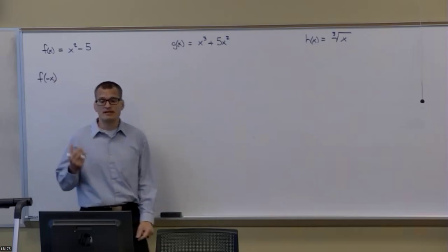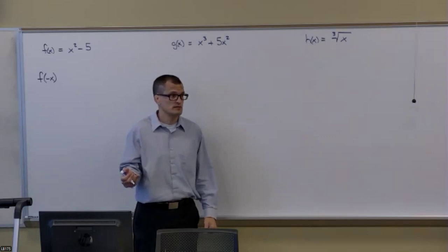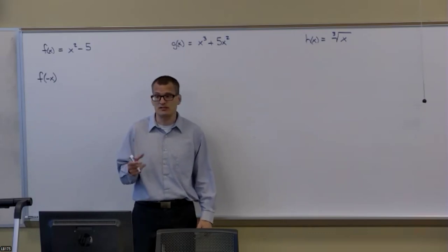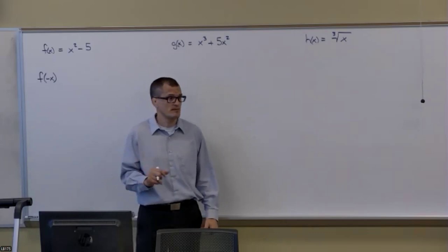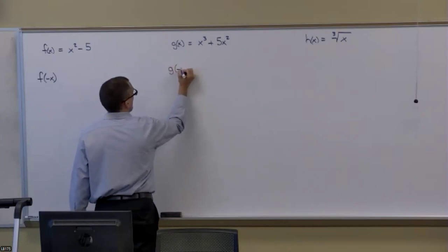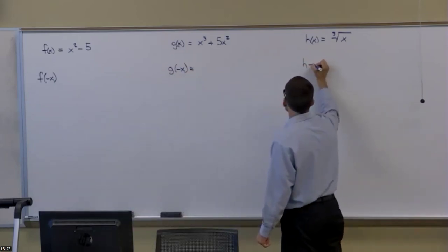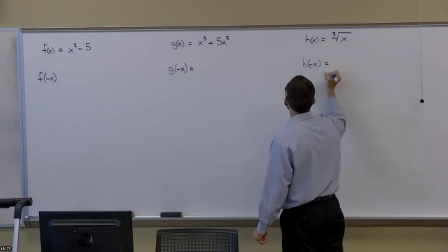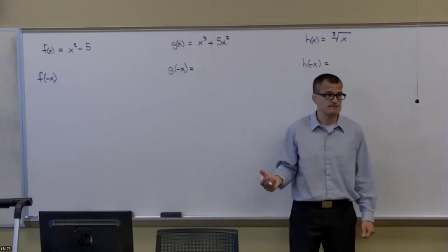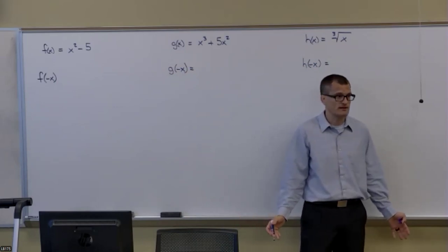If I algebraically manipulate to get back the negative of the original function, I know it's odd. If I can't get back to either of those two things, I know it's neither. So in each of these, all we're going to do is plug in a -x and see what happens through algebraic manipulation. Now we have to be good at algebraic manipulation to be able to do this. That's the whole algebraic trick.